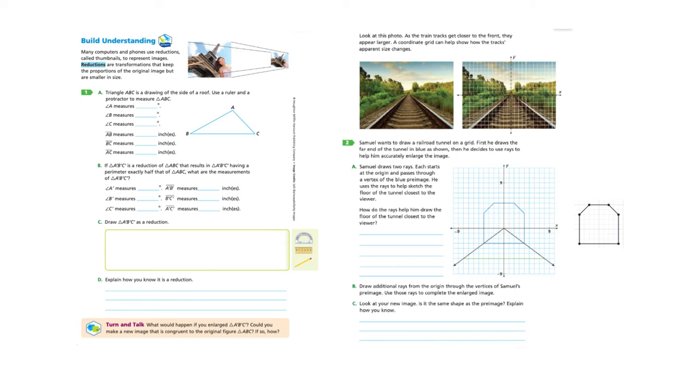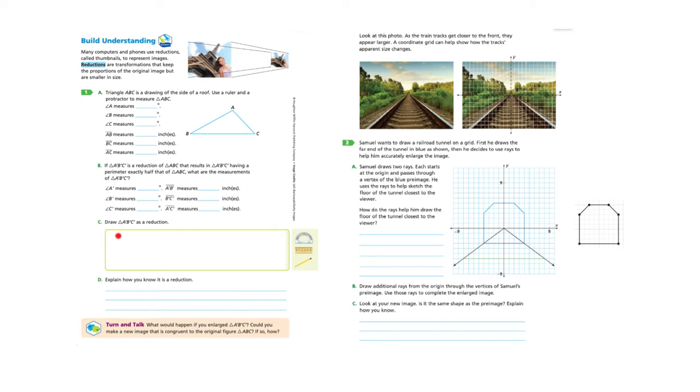So write those in. Then B, it says if triangle A prime, B prime, C prime is a reduction of triangle ABC that results in triangle A prime, B prime, C prime having a perimeter exactly half of that of triangle ABC, what are the measurements of triangle A prime, B prime, C prime?